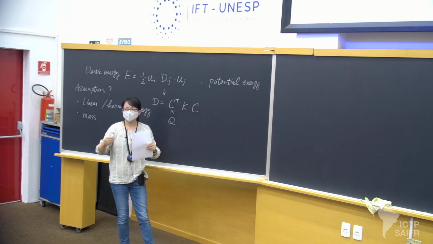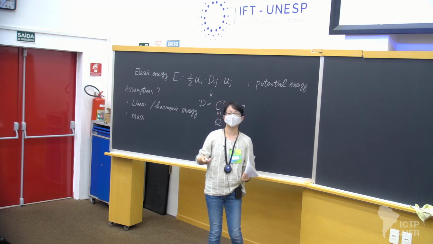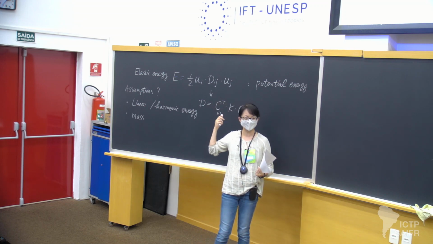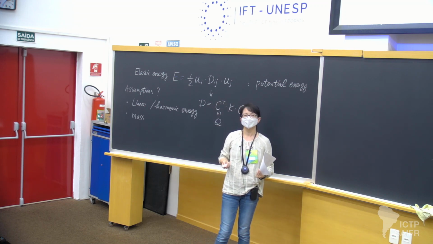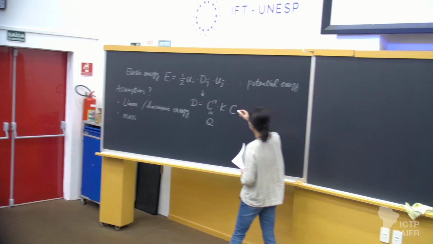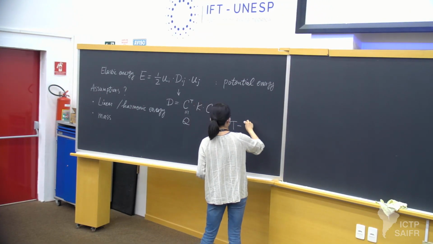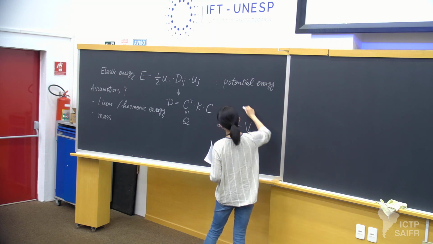And if you want to include mass, what is the term that you would need to write? It is the kinetic energy, right? So you can write the Lagrangian equal to T minus V, where V is this E, right?